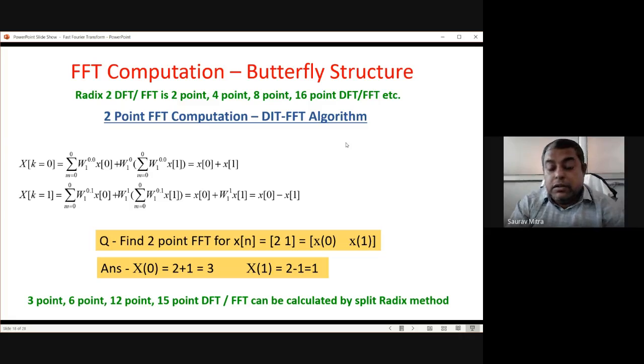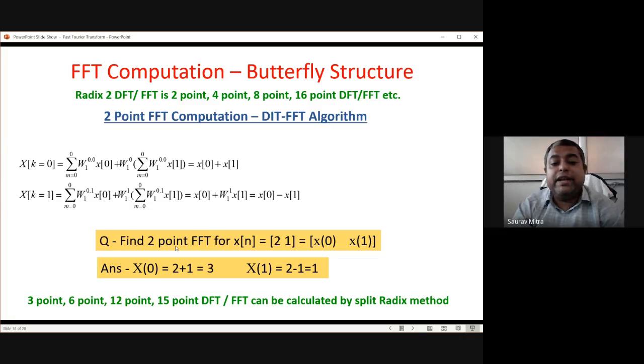If I give you one sequence, x0 and x1 in discrete time domain, how do you find capital X0? I asked you to find the 2-point FFT. 2-point FFT means only x0 and x1 will come, that is capital X0 and capital X1. Capital X at k equal to 0 is nothing but the addition of the two sequence values.